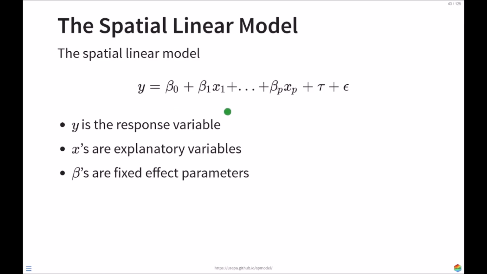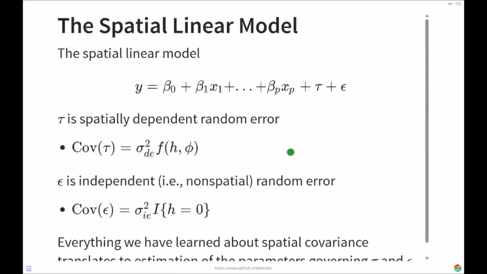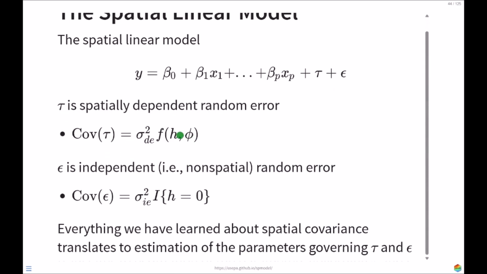So the spatial linear model here, we see again our familiar terms. We have our response variable y, our explanatory variables x's, and our betas, the fixed effect parameters. What's new here is this tau term. So this is the spatially dependent random error. You'll notice that the covariance of tau specifically is that first piece of the spatial covariance function we saw earlier. Second, we have epsilon.